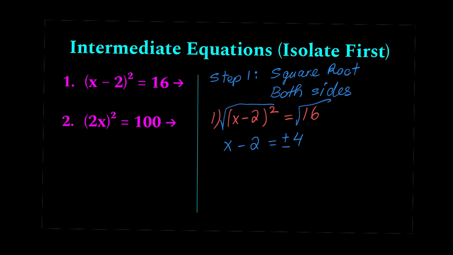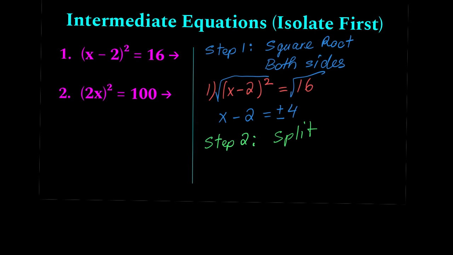Now, let's go ahead and move on to our second step. Step 2, split. Well, what does this mean? Now we're going to have two equations, right? One of them will be x minus 2 equals 4, and the other will be x minus 2 equals negative 4.